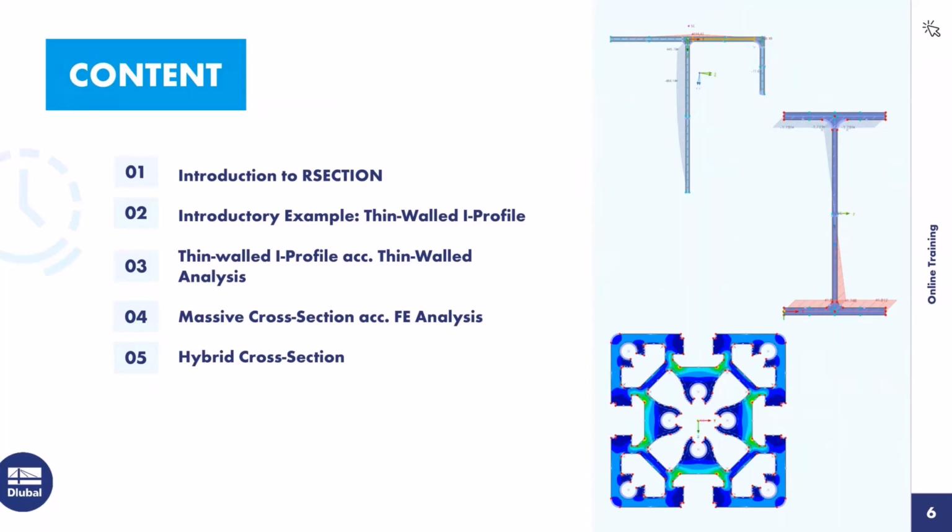I will model this slowly so that you can enter this cross-section as well. In another example, I show how to insert cross-sections from the database and how you can add other parts to these cross-sections. Then I show the modeling of a massive cross-section based on a DXF template. Finally, I model a hybrid cross-section.